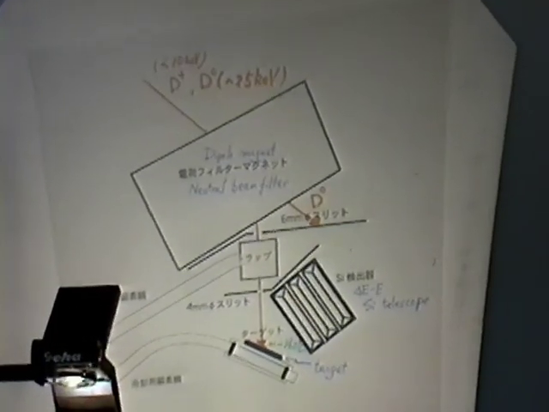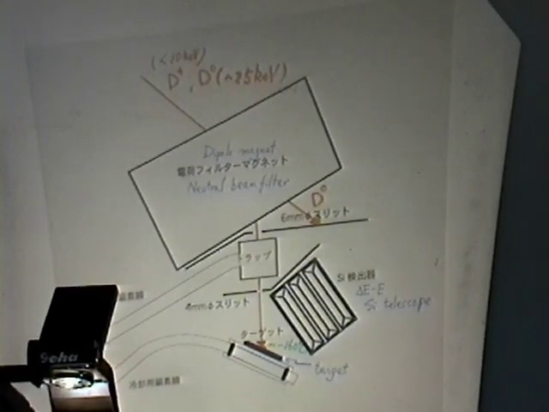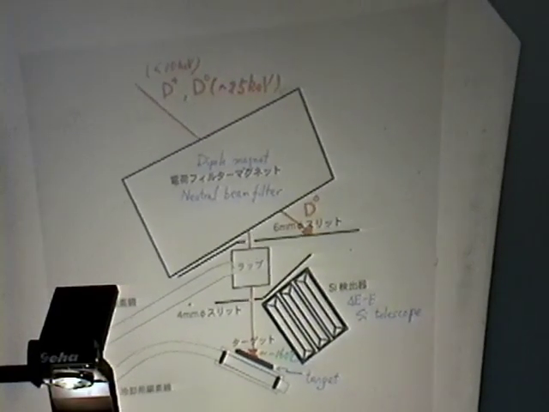We cool down the target to keep the deuteron inside the metal. Otherwise, if you do the measurement without the cooling, the deuteron, for example in palladium, gets away immediately, so we cannot get the real low energy data. So the target is cooled down using liquid nitrogen.